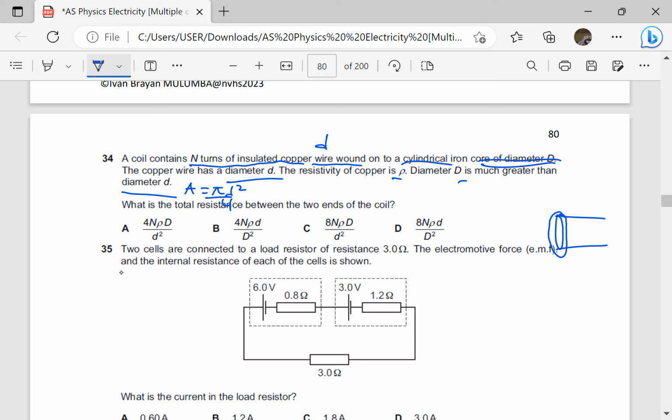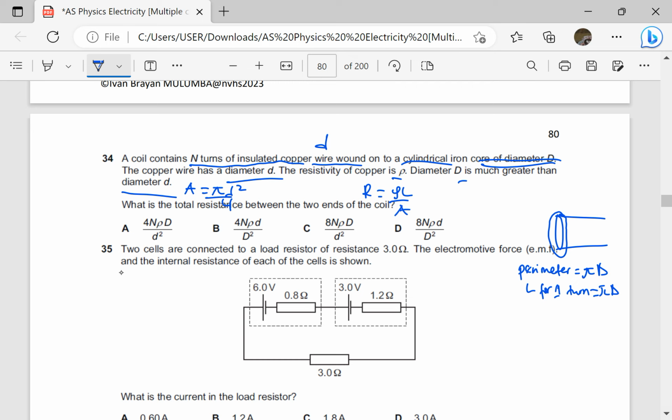So perimeter or circumference is going to be equal to pi times D. The length of the wire which makes one turn around the cylinder is pi D. So the length for one turn, L for one turn, is equal to pi D. Because remember, resistance is equal to rho times L over cross-sectional area.